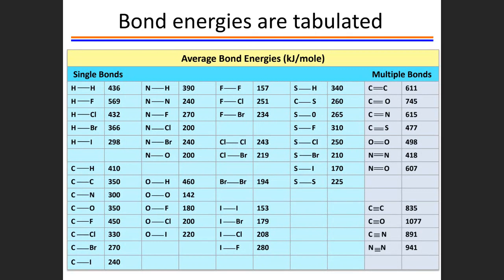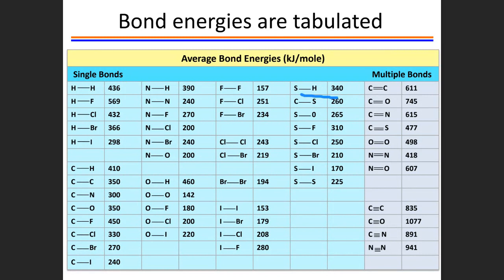Now you can see here the single bond energy in the table, average bond energy in kilojoules. If you look into the bond energy, you will have an idea about the multiple bond energy and the single bond energy. Last time we also talked a little bit about it.